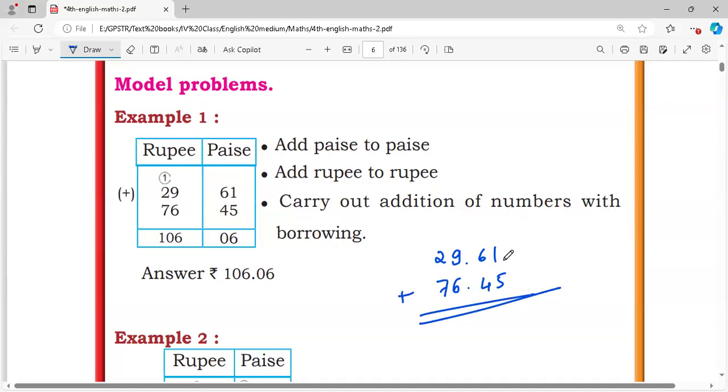Add separately rupee to rupee, paise to paise. This is paise: 1 plus 5, 6, 6 plus 4, 10, 0 carry 1. 9 plus 6, 15, 15 plus 1, 16, 6 carry 1. 2 plus 7, 9, 9 plus 1, 10. This becomes 106 rupees 6 paise.